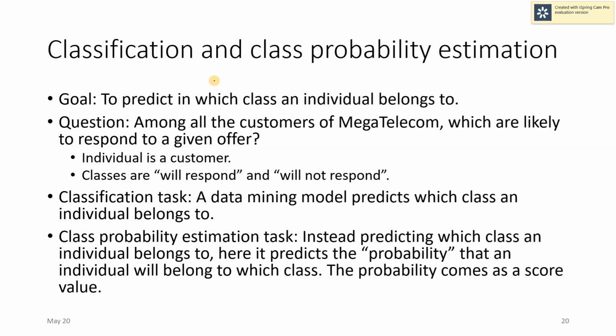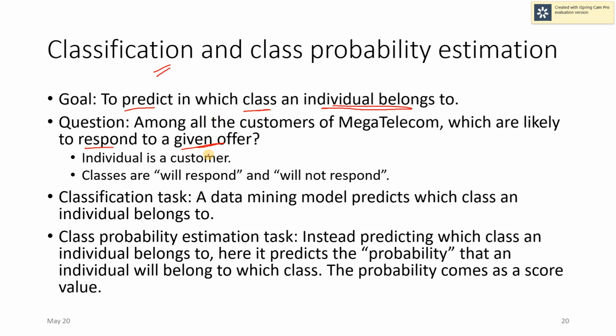one analytics method, that is classification. Okay. What is the goal of classification here? Classification is basically to predict which class an individual belongs to. For example, you have a question: among all the customers of MegaTelco, which are likely to respond to a given offer?